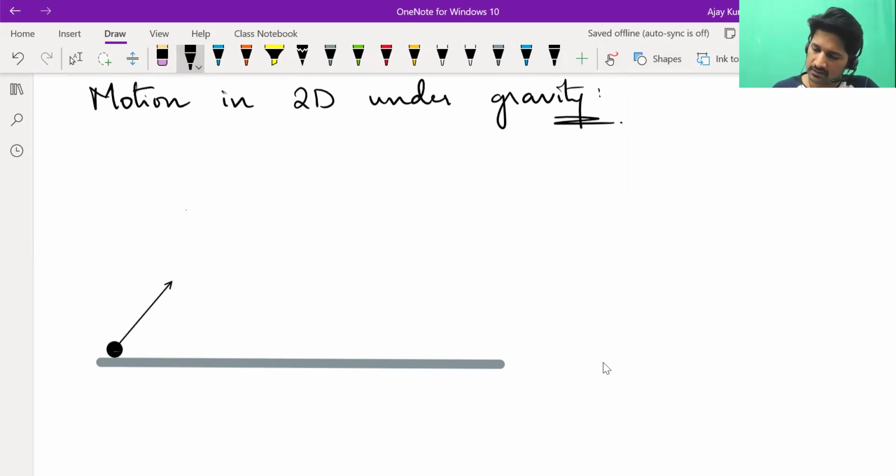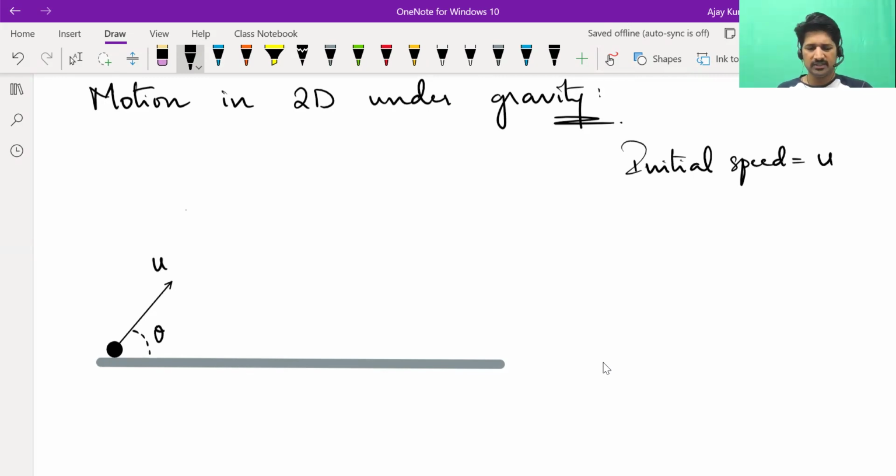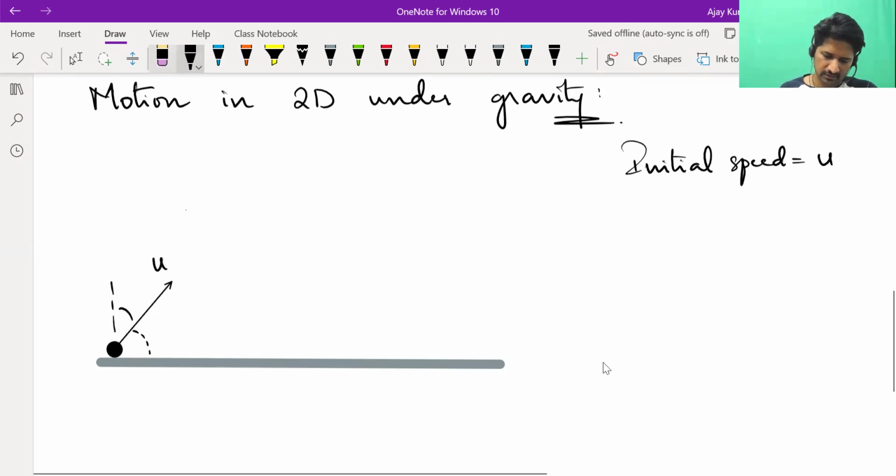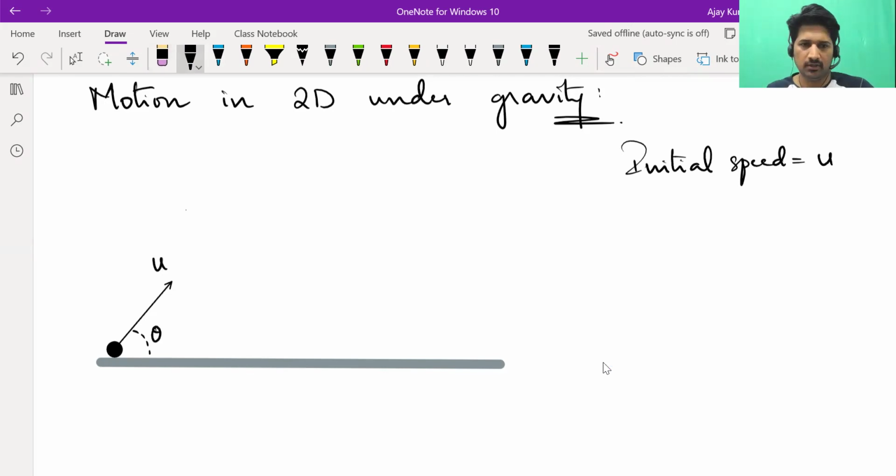Let's say the initial speed is u, means you are throwing it with a speed u at an angle theta with the ground. Okay, it's not compulsory that they will always give you the angle with the ground only. They can give you the angle with the vertical direction as well. But for now let us assume the angle theta is the angle made with the ground.